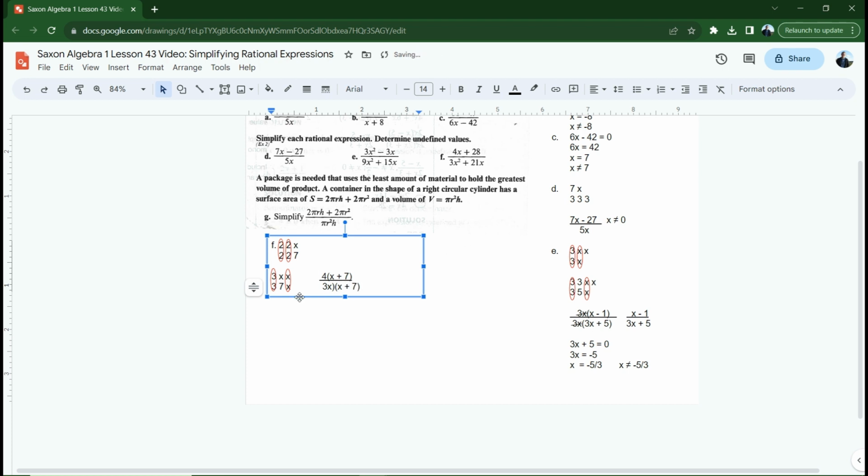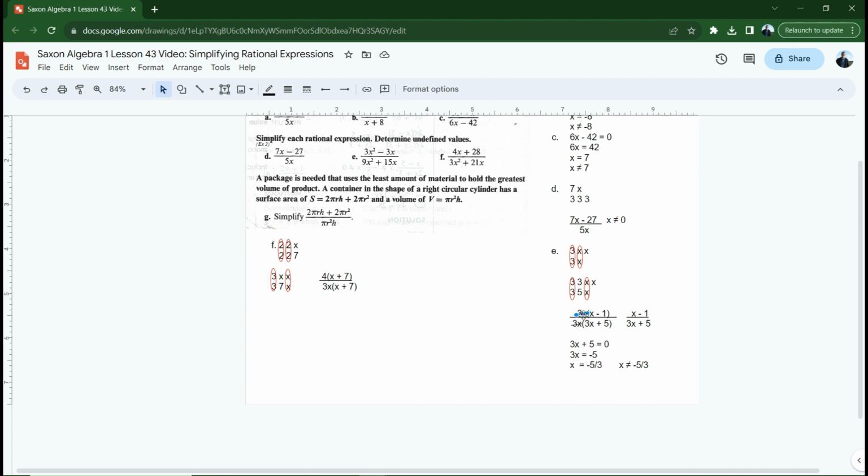All right, do I have any common factors on the top and on the bottom? 4 and 3x don't match up, but x plus 7 and x plus 7 do. So that means that I can actually cancel out this x plus 7 on the top, and then also this x plus 7 on the bottom.